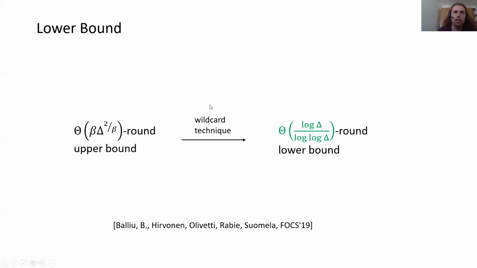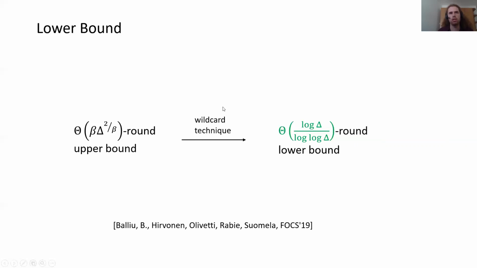Such a wildcard technique is very useful in the sense that if I already have some sequence given, as we have here with our upper bound sequence, then you just have to compute how many wildcards you need to turn the sequence into a lower bound sequence. Now, this might not be easy, and actually a lot of the technical work has to go into this step, but at least it's relatively clear what you have to do.